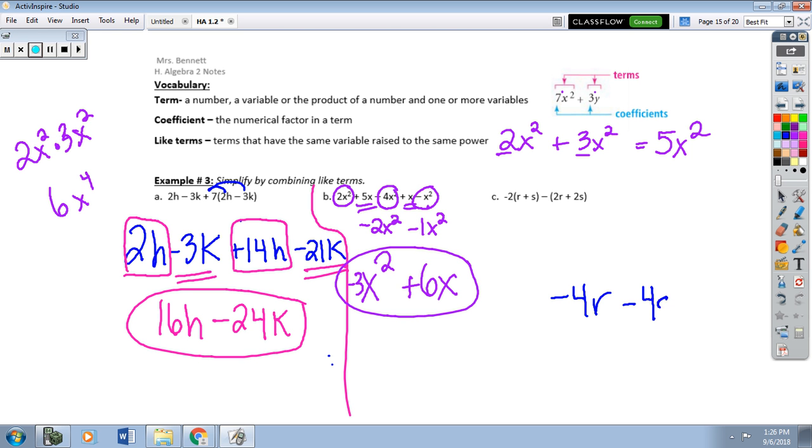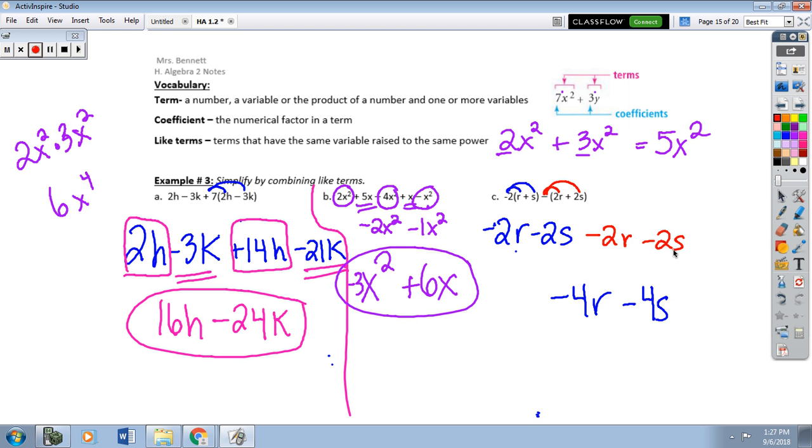Yes. So we have double distributing in this problem. The negative 2 needs to be distributed to each term. So negative 2r minus 2s. Now in the second set of parentheses, you need to distribute a negative sign, or a negative 1, to both terms. So this will become a minus 2r and a minus 2s.